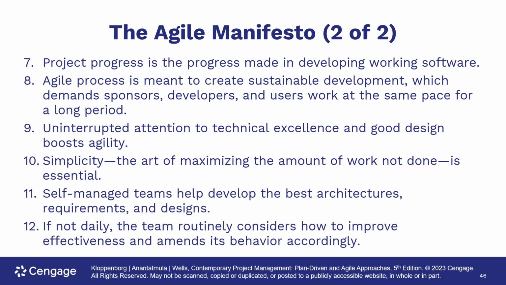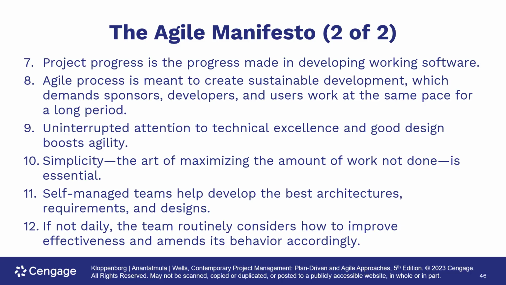The second set of principles: project progress is the progress made in developing working software. Agile process is meant to create sustainable development, which demands that sponsors, developers, and users work at the same pace for a long period. Then we have uninterrupted attention to technical excellence, and good design boosts agility. Number 10 is simplicity, the art of maximizing the amount of work not done, which is essential.